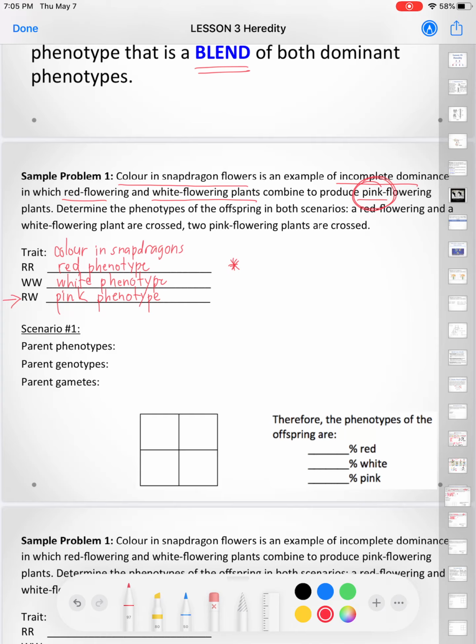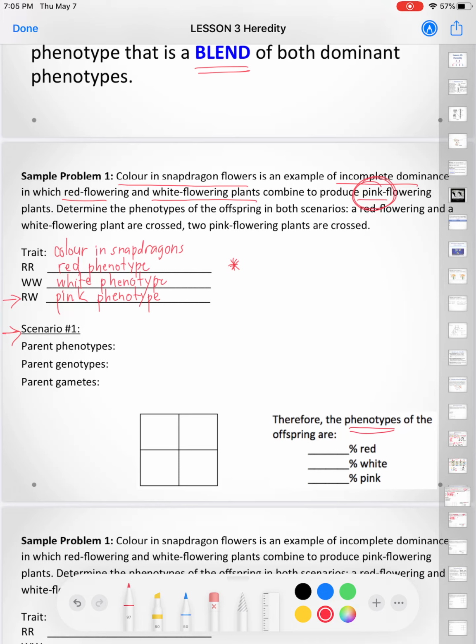Now, the next part is just pulling information from the question again. Determine the phenotypes of the offspring in both scenarios, so that's why we have a therefore statement with phenotypes down here. We have two scenarios, scenario one, and we're going to have another scenario as well.